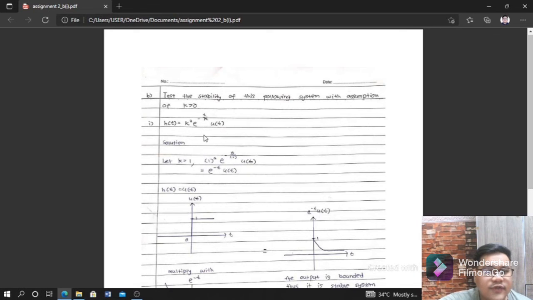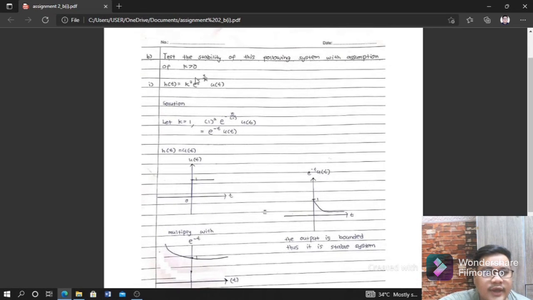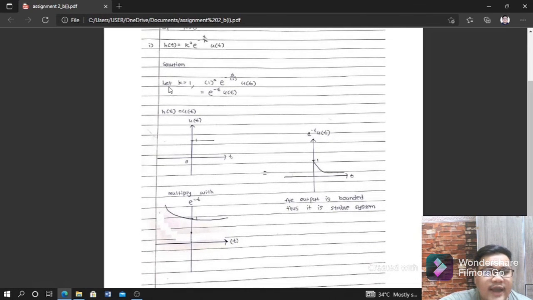For the solution, the question states that k is bigger than 0, so we can let k equal 1. If we substitute the value of k into the equation, we get the new equation, which is exponential to the power of negative t times u(t).